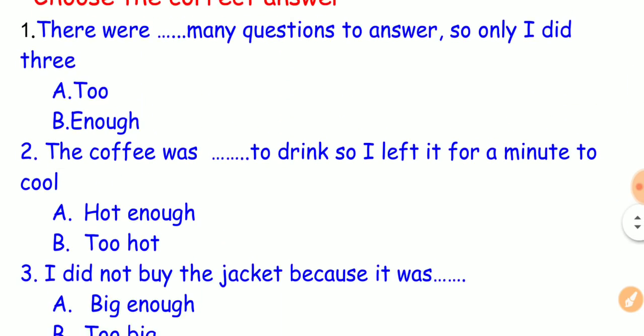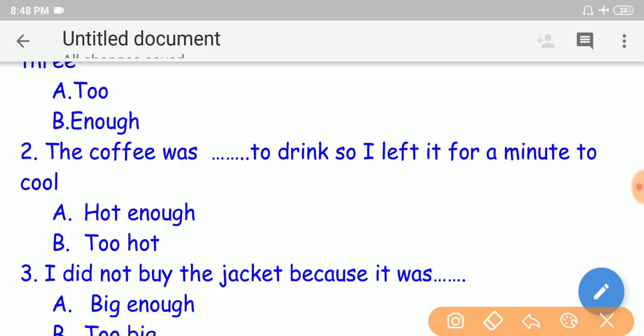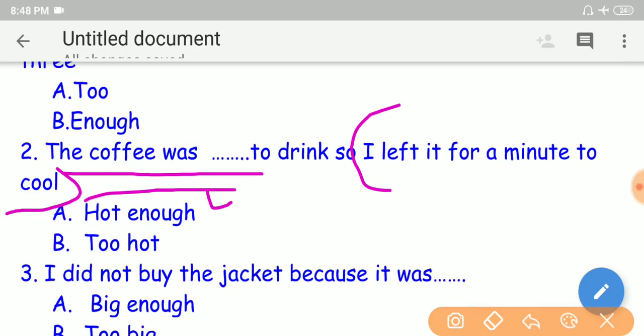So like this, let us go and learn with the second example. The coffee was dash to drink, so I left it for a minute to cool. See, if this clause is not there, enough can be used.